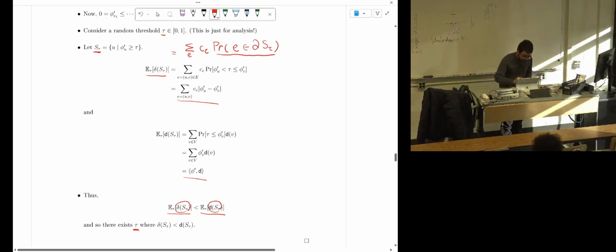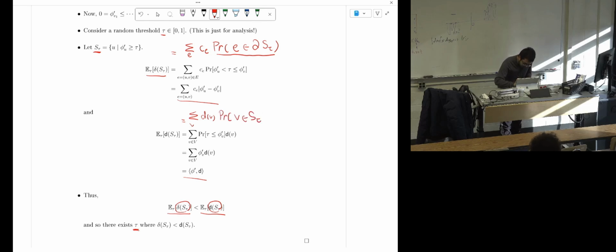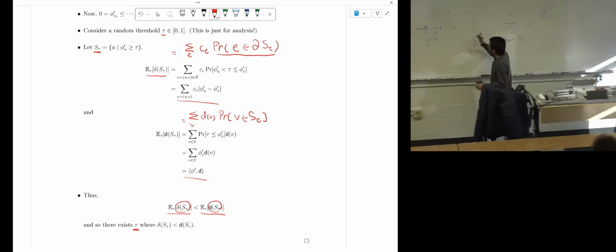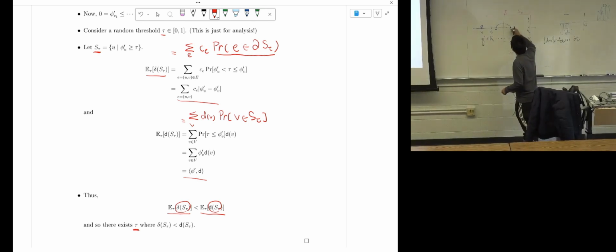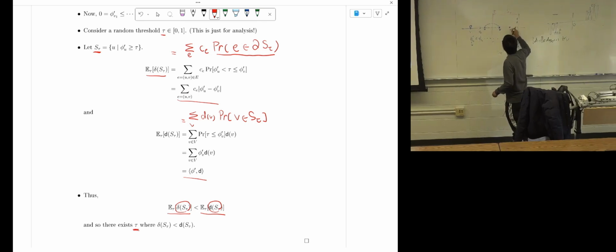Expected total demand. Again, this is summing over all nodes. We take the demand on this node times the probability that V is in S tau. What is the probability that V is in S tau? Maybe V, V prime, is in S tau.